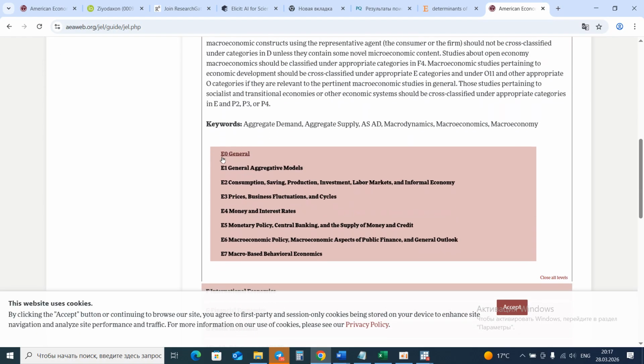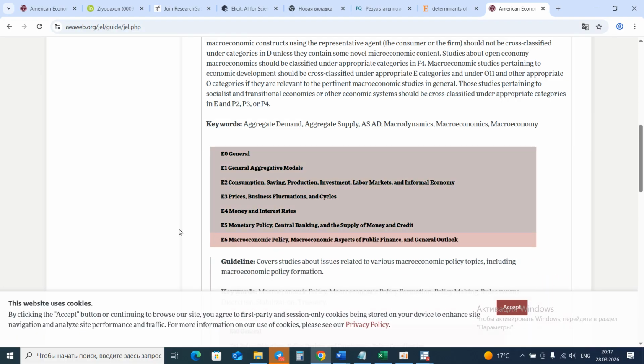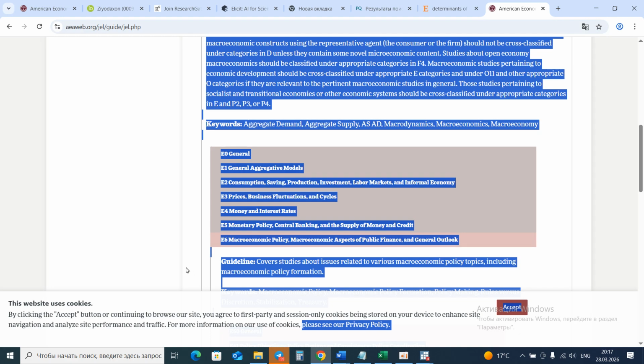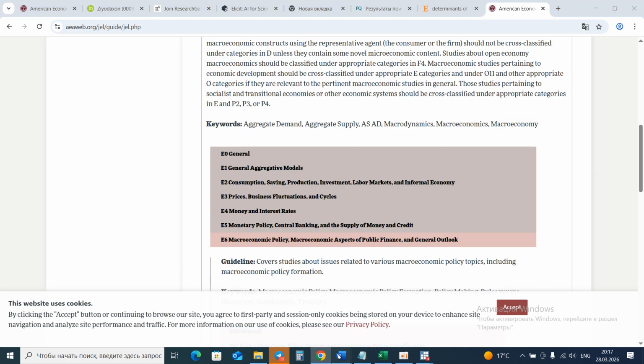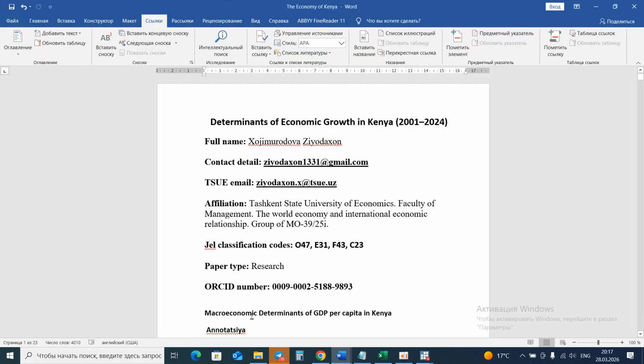So E0 is general aggregate models, consumption, saving, production, prices, and etc. So you choose the one that best suits the variables or the topic that you have taken. Okay, and mine were O47, E31, F43, and C23.